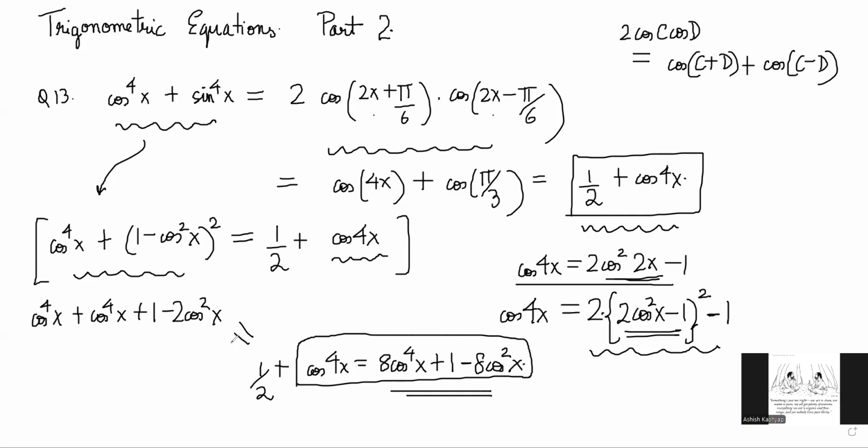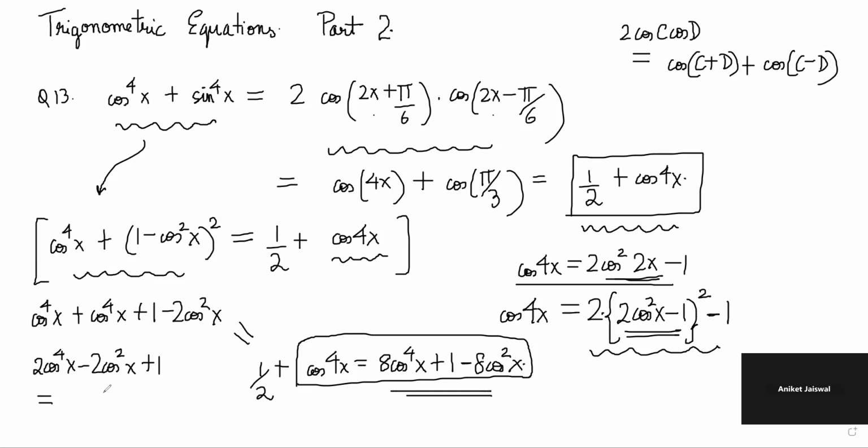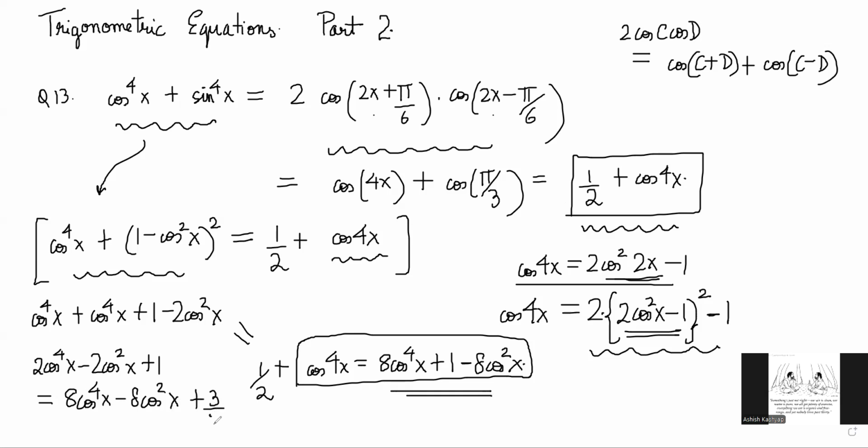Do you understand what is happening? Yes, sir. So finally, you will get an equation that will become 2 cos power 4x minus 2 cos square x plus 1 is equal to 8 cos power 4x minus 8 cos square x plus 3 by 2.